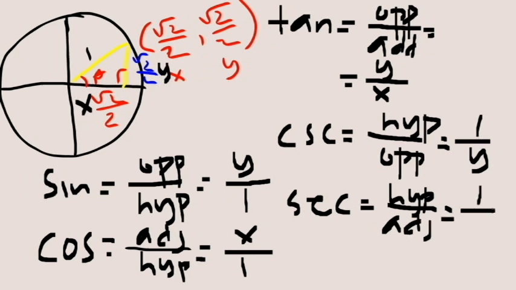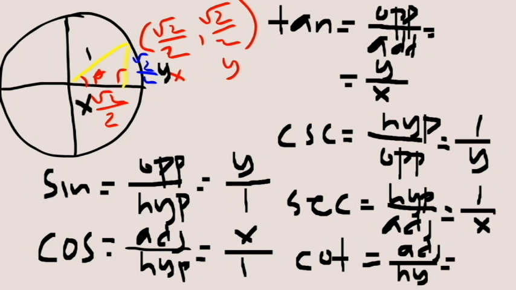The hypotenuse is 1, the adjacent is x, so our secant is 1 over x. Last is cotangent, the reciprocal of tangent, so adjacent over opposite, equal to x over y. So this is now our six circular functions. We already derived the six circular functions using the six trigonometric functions.